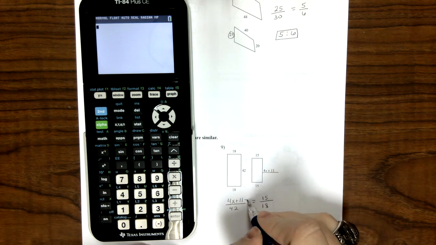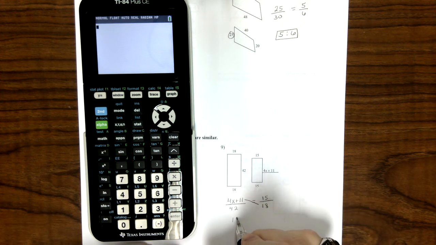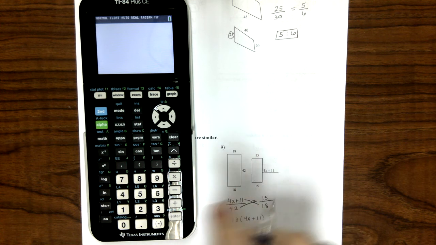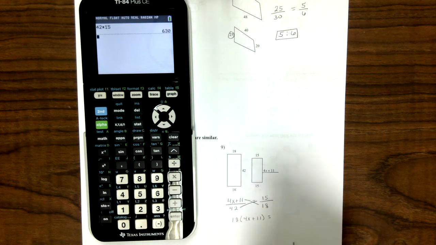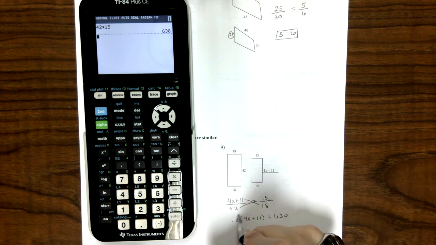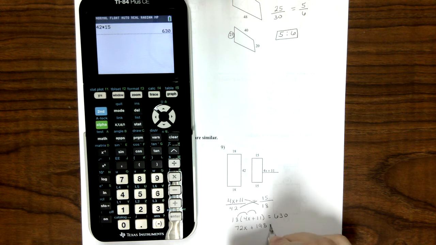All right, cross multiply. This time you're going to write it like a distribution problem. 42 times 15 is 630. Now we'll distribute. So 18 times 4 is 72. 18 times 11 is going to give us 198.